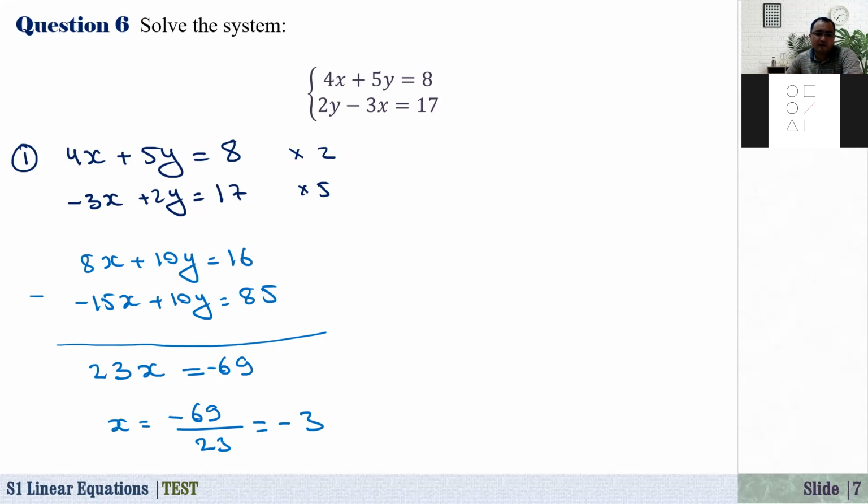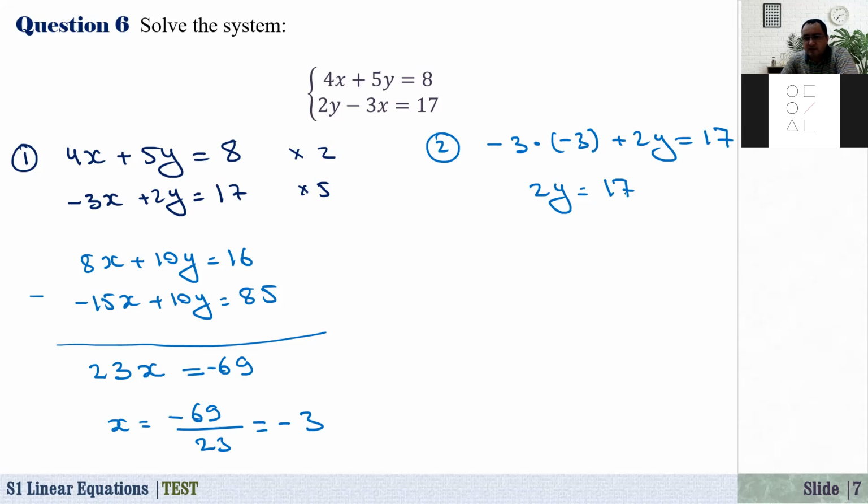So we know the value of x. Now in the second step, we can get the value of y. I will substitute this into the first or the second equation. Let me substitute into the second equation: negative 3 times x, which is negative 3, plus 2y is equal to 17.